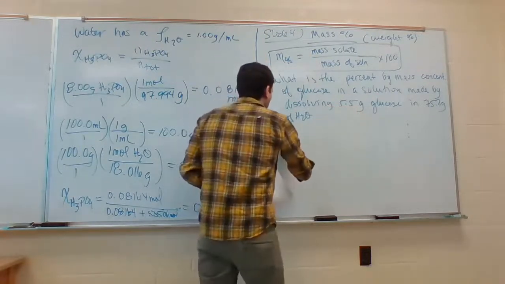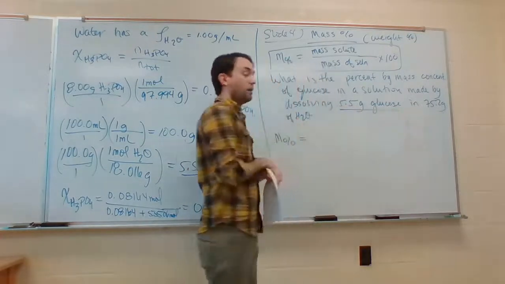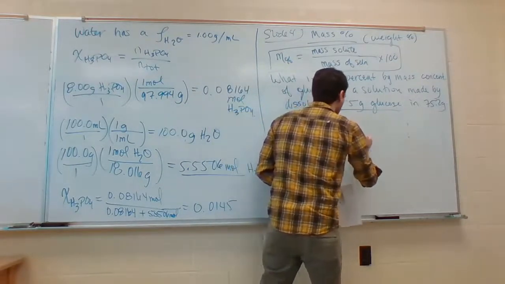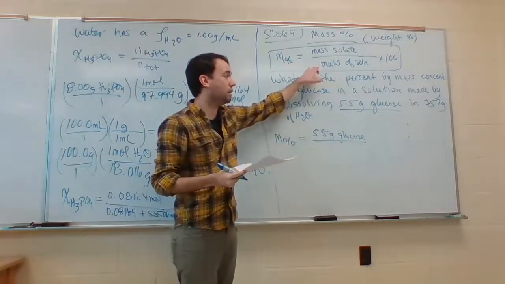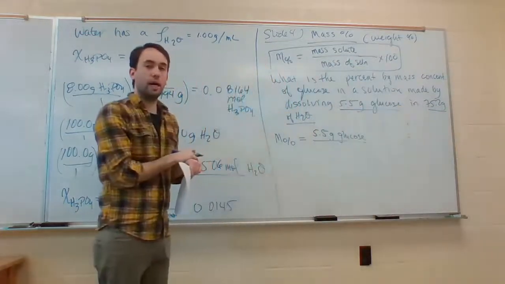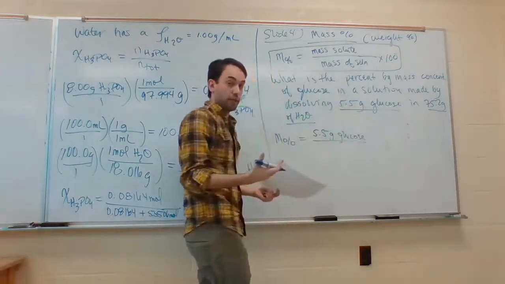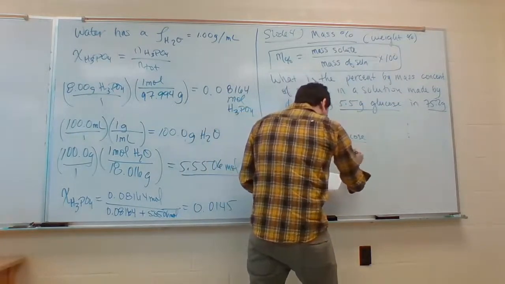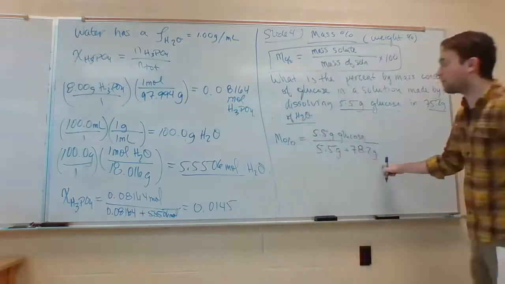So our mass percent is equal to our mass of solute, which was 5.5 grams of glucose. On the bottom it needs to be the mass of the solution. This was the solute and this was our solvent, because the water is doing the dissolving, so our solution has to be both added together: 5.5 grams plus 78.2 grams, our mass total.